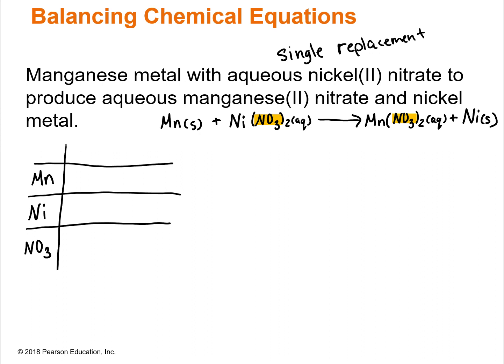So I can treat it as one unit. If I saw nitrogen or oxygen in different compounds, then I'd have to separate out the nitrogen and the oxygen. But if that ion, the polyatomic ion, stays together, you treat it as one unit. It makes your life a lot easier.